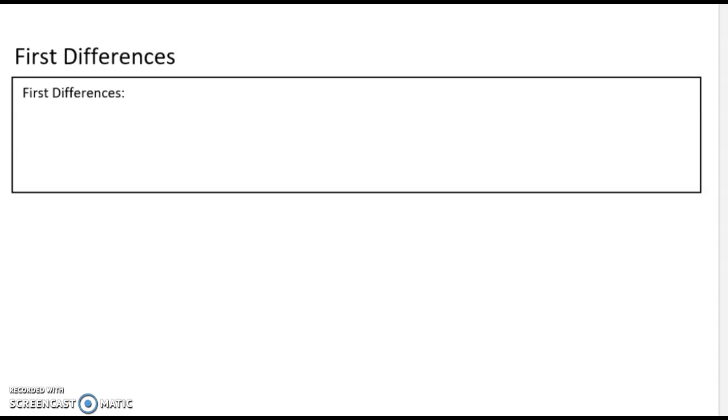So this note is on first differences. So get my pen. And so the definition of first differences, okay?